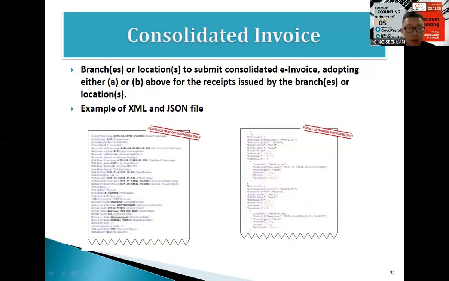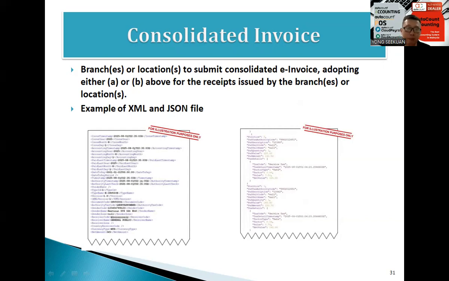So the third one, like you see Aeon, KK Mart, there are so many outlets in Malaysia, right? So you cannot consolidate all the outlets into one. So the third method mentioned in the guideline is one branch or one location, one consolidated invoice.